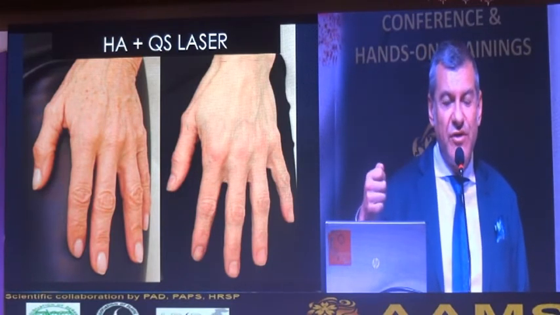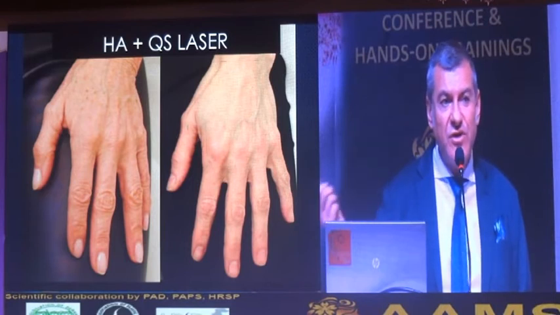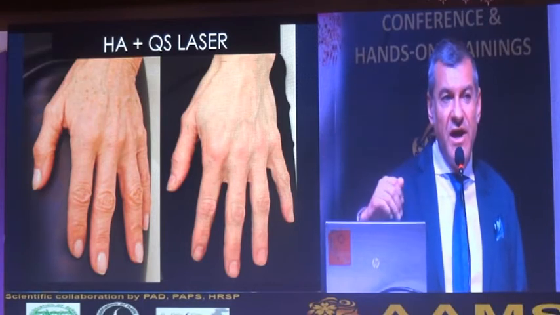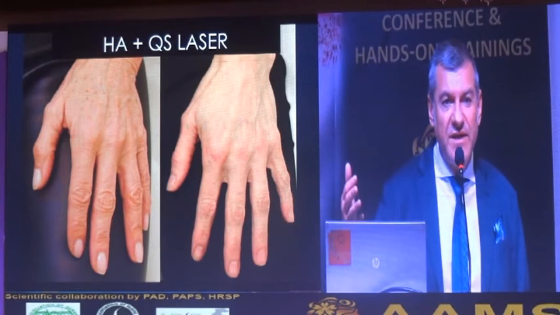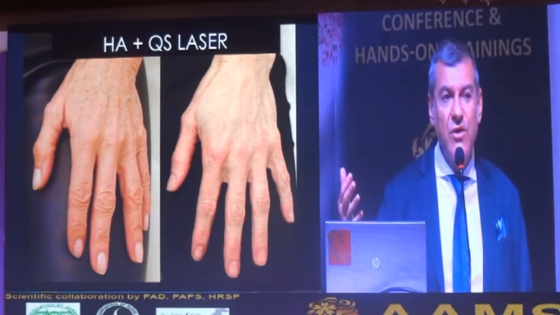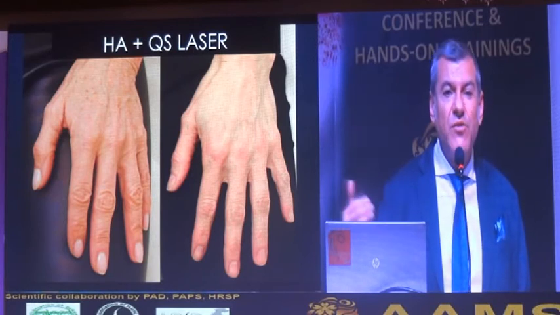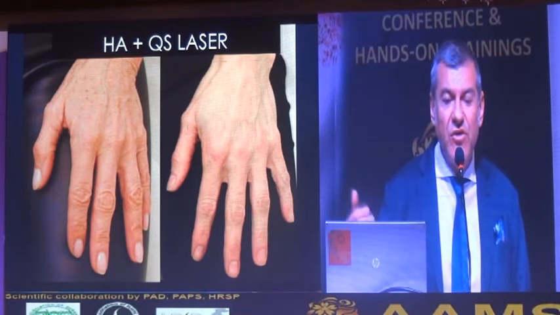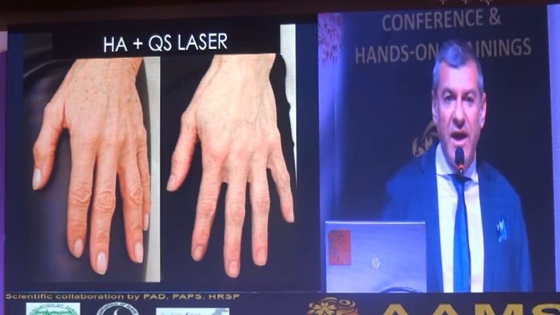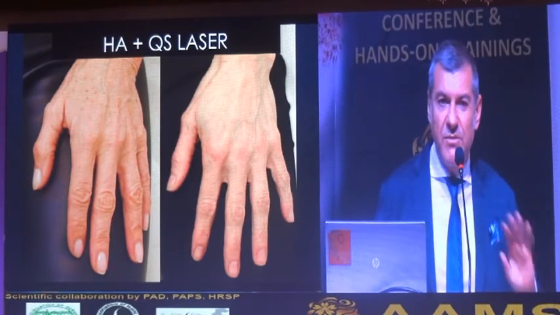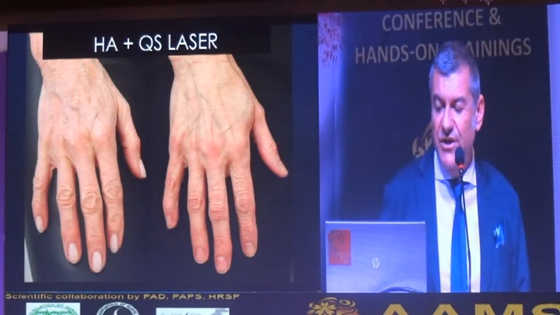It's a modulator of cell activity. It also can normalize the activity of myofibroblastic keloids, etc. So this is why it does stimulate without causing inflammation, without causing a granulomatous or foreign body reaction, unless bacteria get in the way, but that's another story, that's a complication.